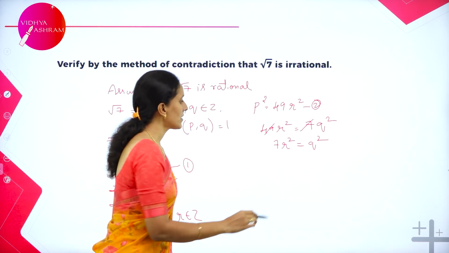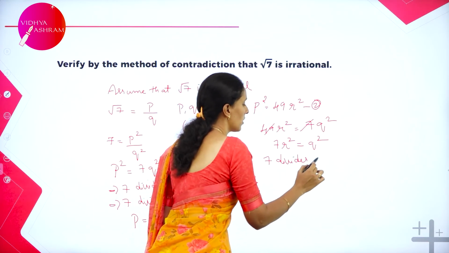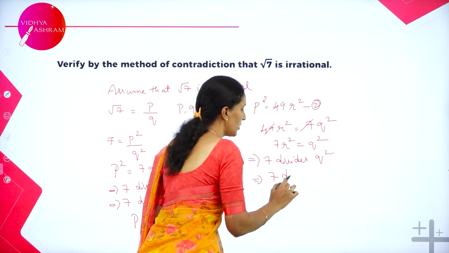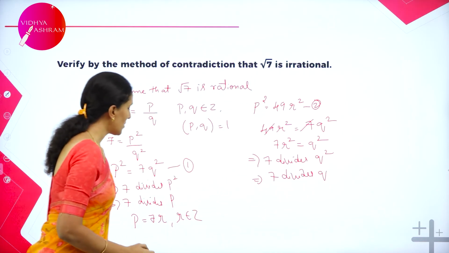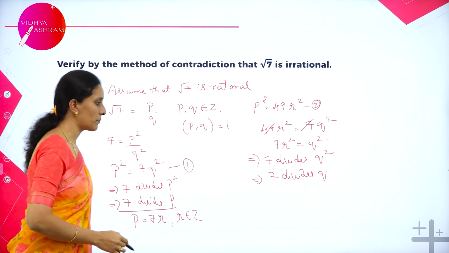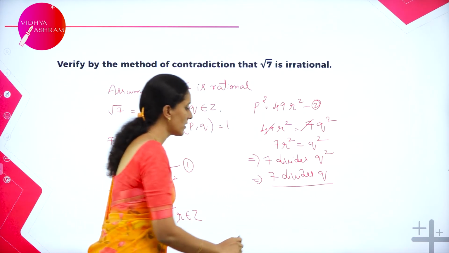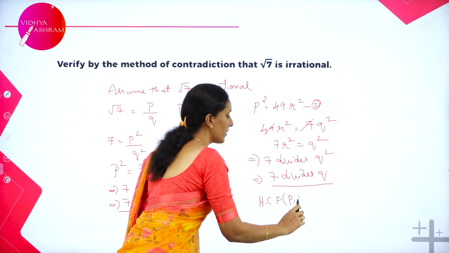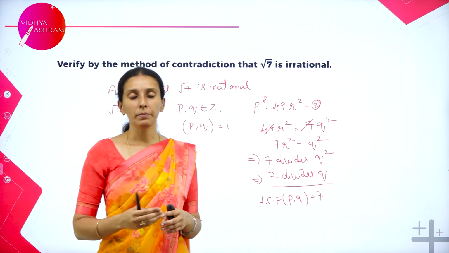From this, we can say 7 divides Q square. So this implies 7 divides Q. Observe this statement, 7 divides P as well as 7 divides Q. That means the common factor or the HCF of P and Q is equal to 7, because 7 divides both P and Q.